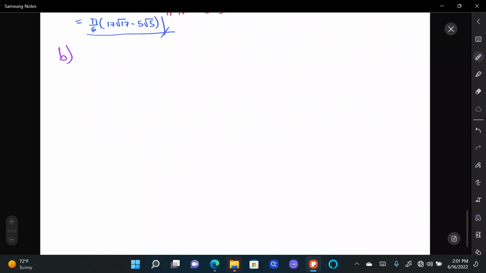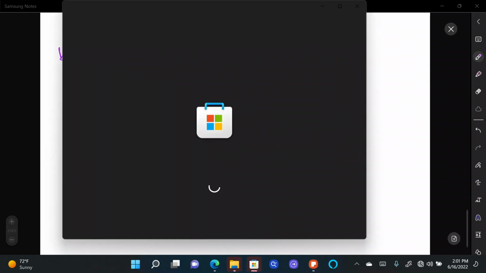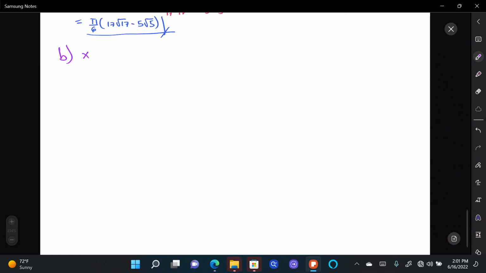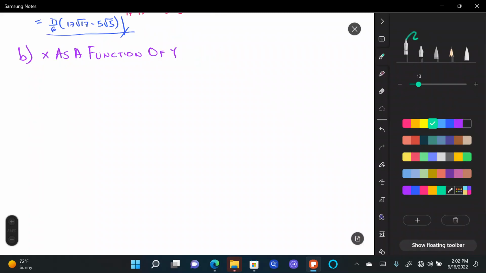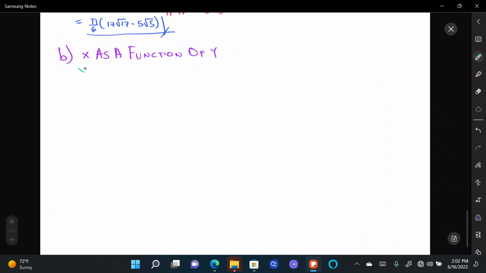And for part B, x as a function of y. All right. So let's start redefining our function. y equals x squared. We need to redefine this function as a function of y.